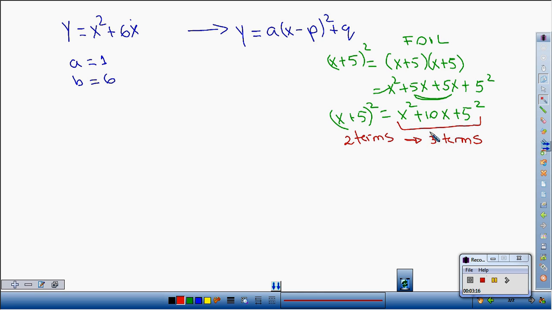The other thing that I want you to pay attention to is the relationship between b and c. I'm hoping that you can notice that what's under that square, the square root of c, is half of b.